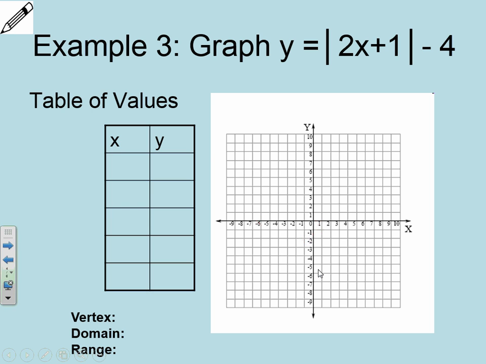Here's another one. We're going to graph the function y equals absolute value of 2x plus 1, and then subtracting 4, again. I have my table of values, and we're going to find vertex, domain, and range. Now again, to find that middle part, we stick the x value right in that middle spot to make sure we get our vertex in the middle like we want, so that we don't have to graph 20 different points to find the absolute value graph.